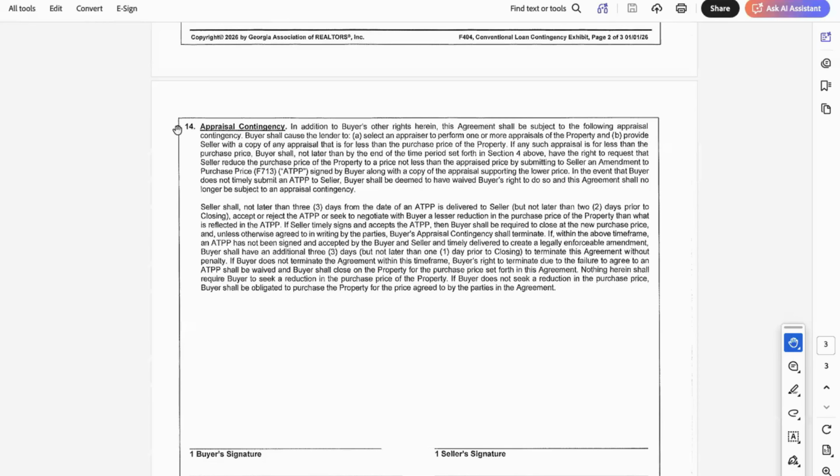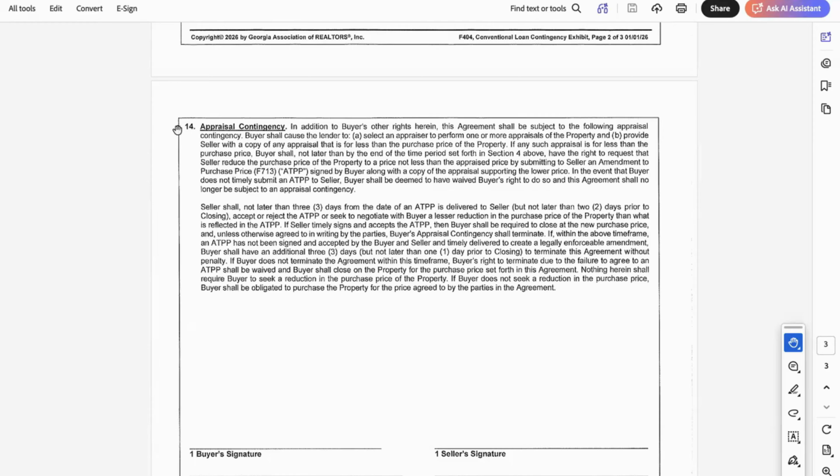If buyer fails, the appraisal contingency is waived. Seller response options within 3 days: seller may accept the reduction, reject the reduction, or counter with a lesser reduction. Must act no later than 2 days before closing.